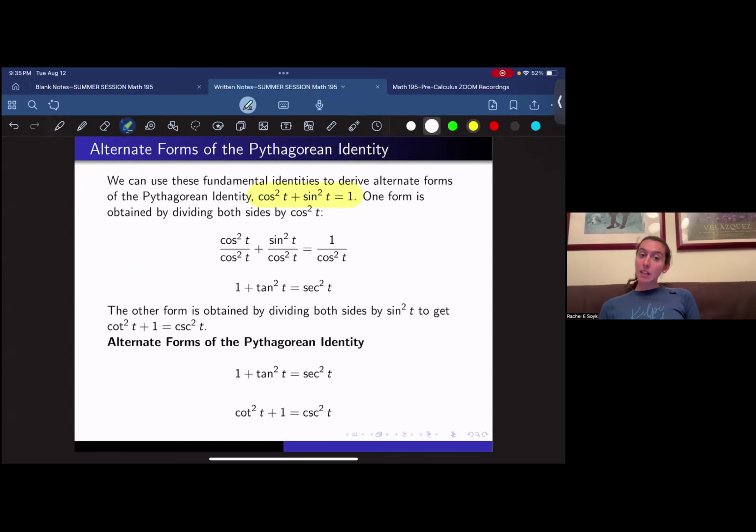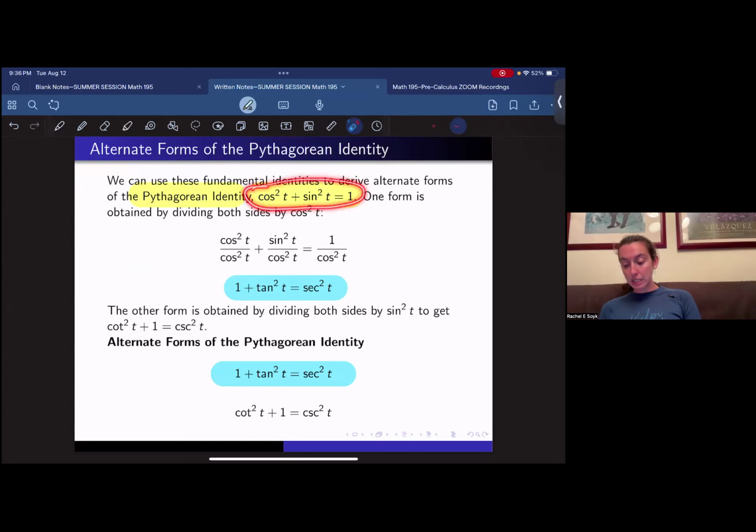And if we take this Pythagorean identity and divide each term by cosine squared t, then we get another Pythagorean identity, which is our 1 plus tan squared t equals secant squared t. But now if we go back to our yellow and let's say we divide each term by sine squared t instead, then we'll get what's in orange down here. Cotangent squared t plus 1 equals cosecant squared t.